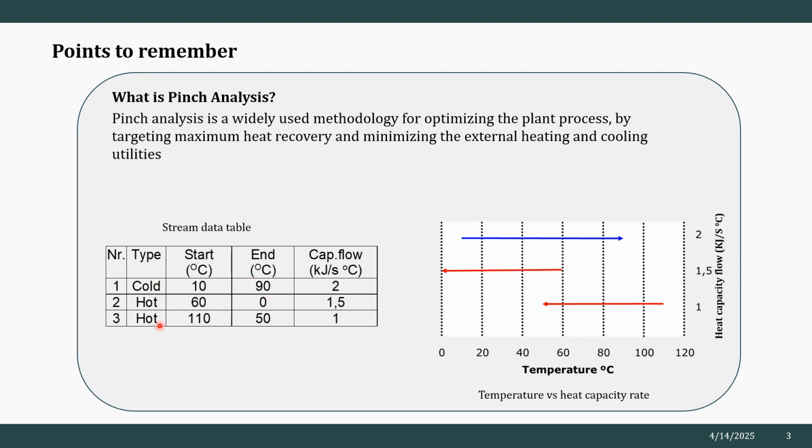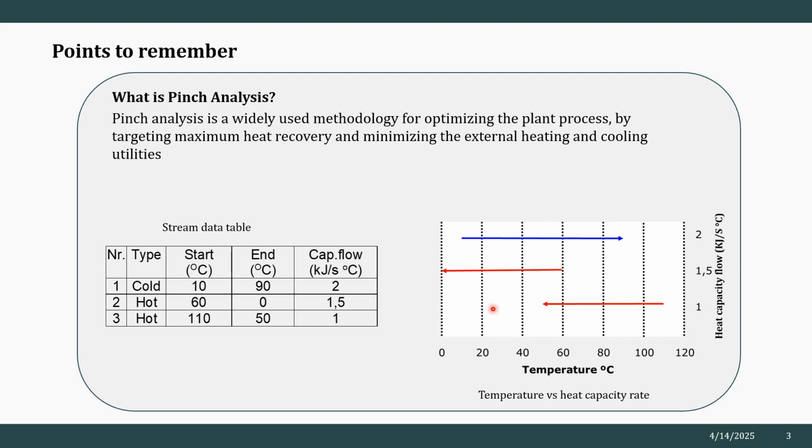So let's focus on the stream data table again. We have two hot streams and one cold stream with certain start temperature and end temperature, along with its heat capacity rate, which is nothing but the multiplication of mass flow rate and the specific heat capacity. And the figure on the right is just a visualization of each individual process stream in the stream data table.